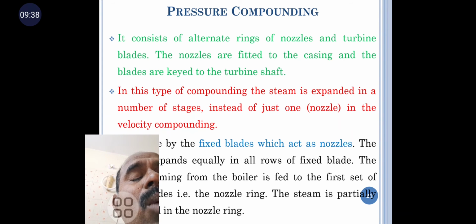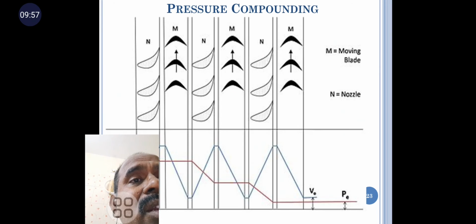In pressure compounding, the fixed blades act as nozzles and the steam expands equally at all the rows of fixed blades. The steam from the boiler is fed to the first set of blades. The steam is admitted partially in the nozzle ring.